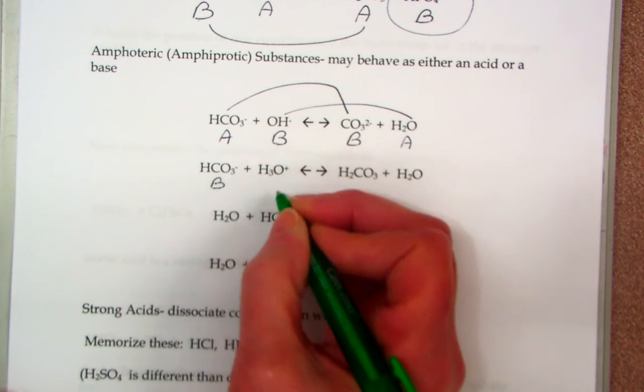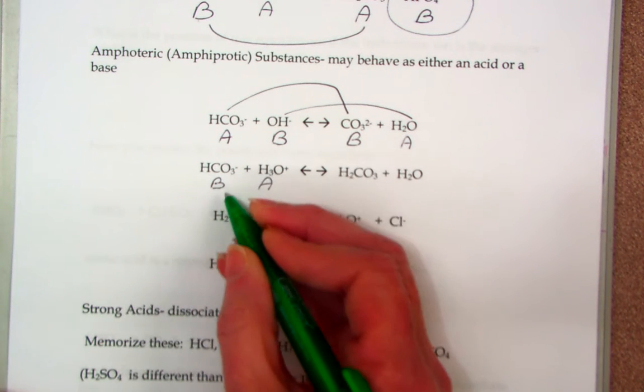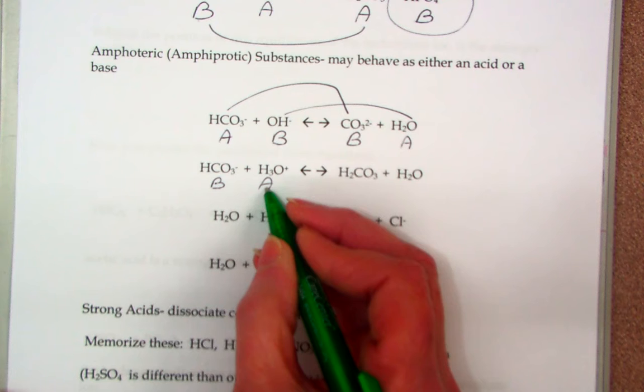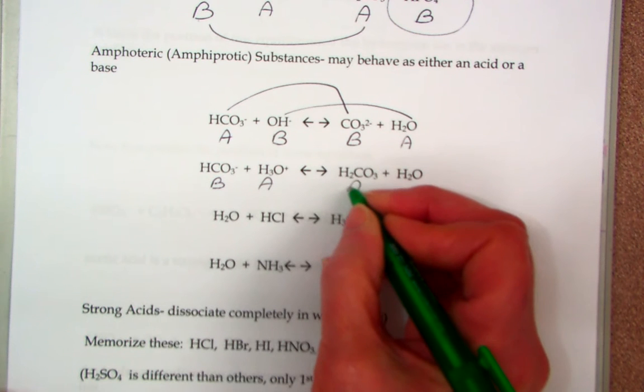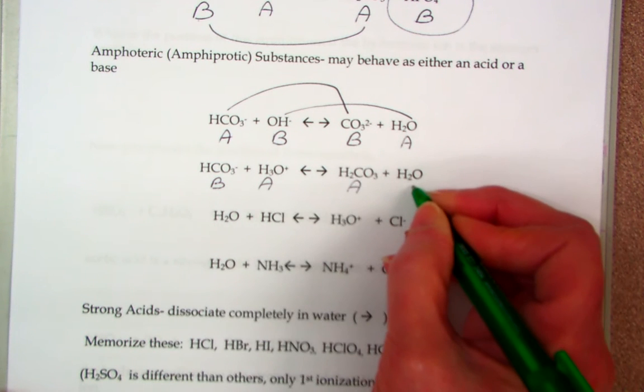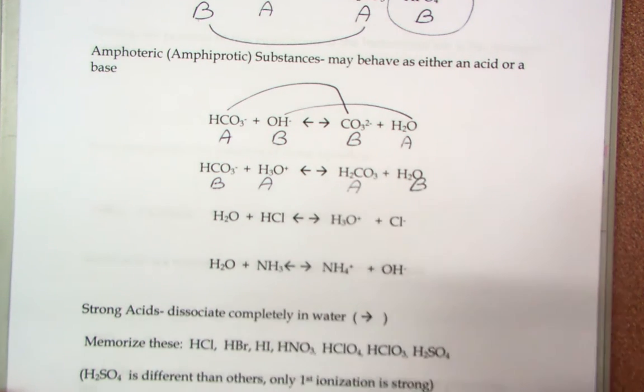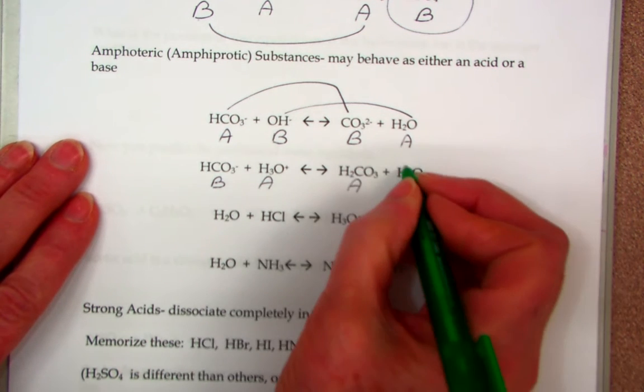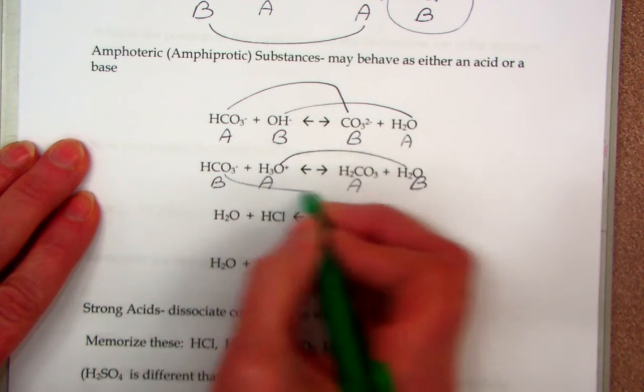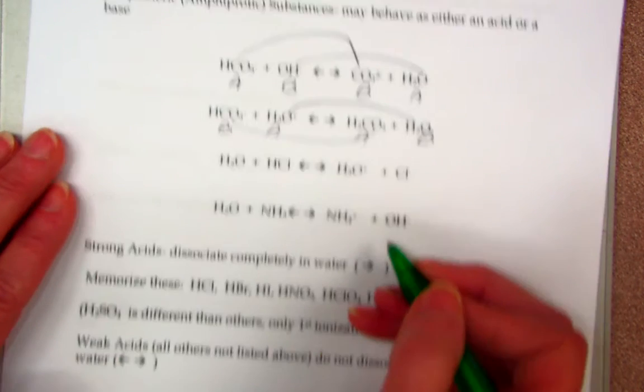When it reacts with hydronium, it's the base and hydronium's the acid, and the carbonic acid is the acid, and water is the conjugate base of the hydronium ion. So things can go both ways. Water is amphiprotic, the hydrogen carbonate ion is amphiprotic.